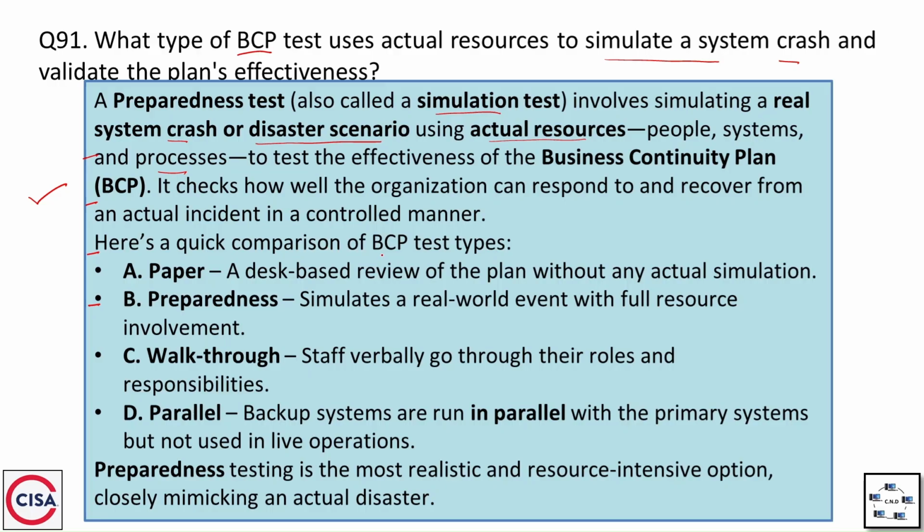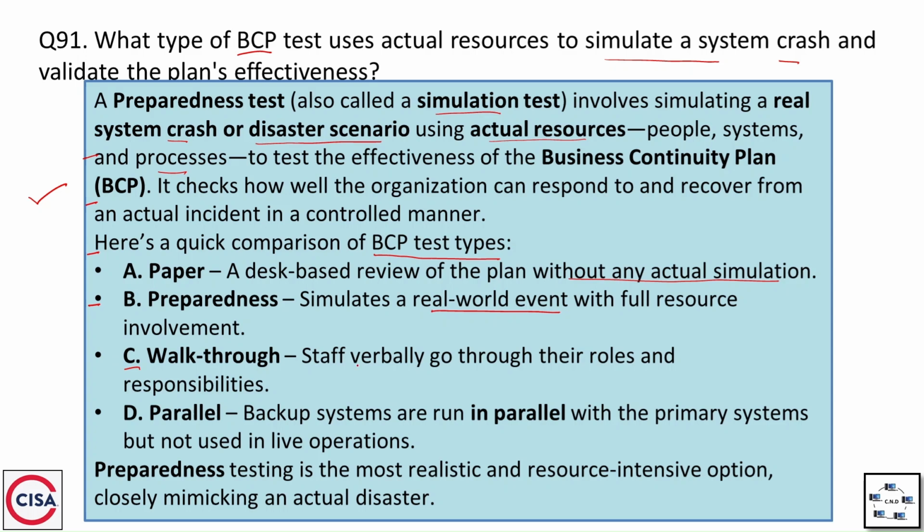Here is a quick comparison of other BCP test types. Option A, paper test, is a desk-based review of the plan without any actual simulation. B, preparedness test, simulates a real-world event with full resource involvement.